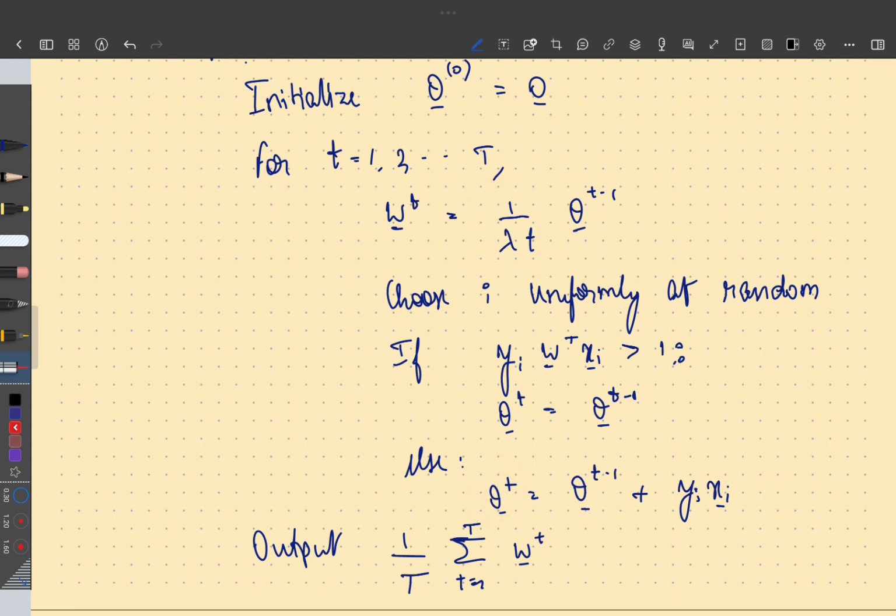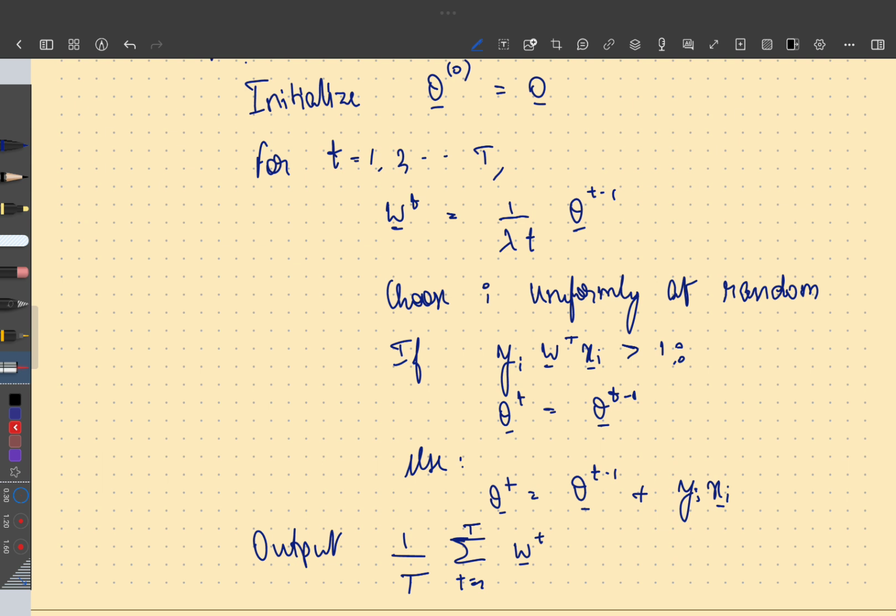Remember that theta t is not the quantity that we're interested in. That's not the variable of optimization. It is wt which is the variable of optimization. That's equal to wt minus 1 plus 1 by lambda t times minus yi xi. Right? It's just a restatement of what is already there.